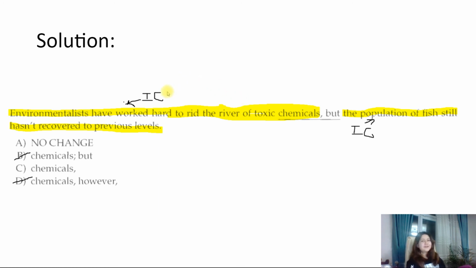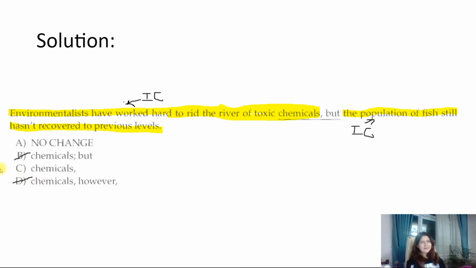Environmentalists have worked hard to rid the river of toxic chemicals. Environmentalists is my subject, have worked is my verb, and I have an idea. The population is my subject, hasn't recovered is my verb, and I have an idea. So this is my first independent clause, and this is my second independent clause.